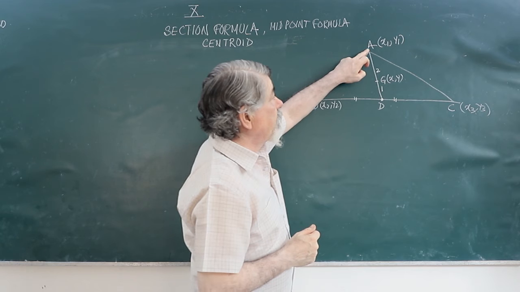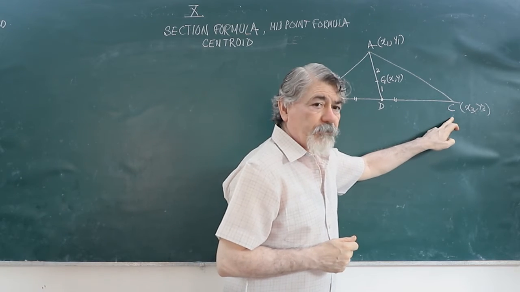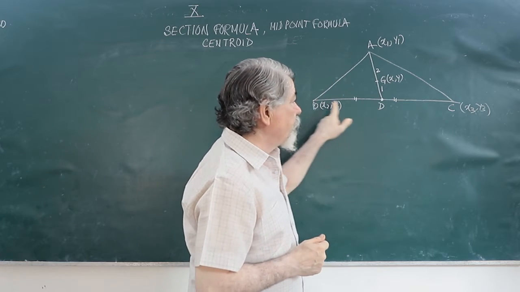If I join a vertex of the triangle, suppose A, to the midpoint of the opposite side, D is the midpoint of BC.